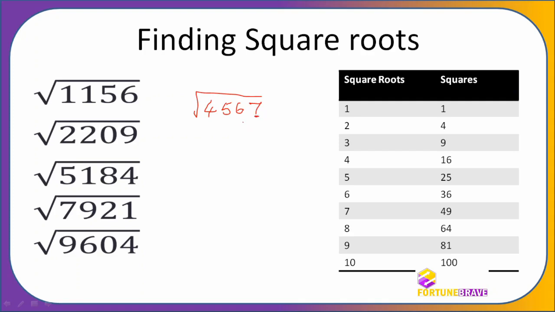So 4, 5, 6, 7. This is an imperfect square. So note down, for an imperfect square, what you will get is an approximate square root. This also you note down: you will get an approximate square root, and you will not get a perfect square root for this, because it will come in decimals.